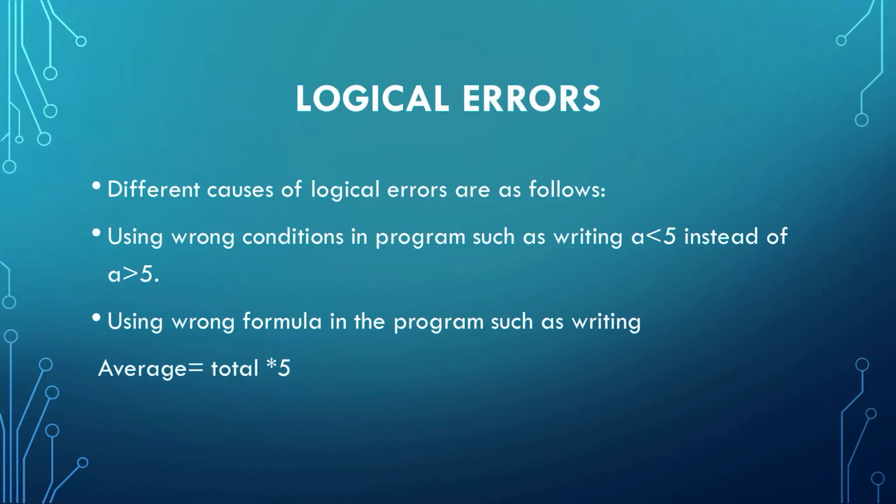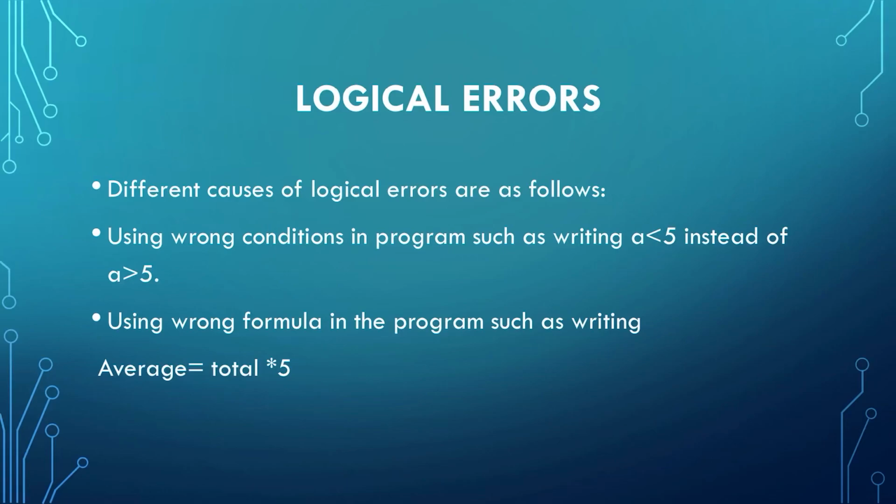And as we all know, the formula for average is total divided by number of students. For example, I am going to take the average of marks for 5 students. I will add up those marks and divide it by 5.